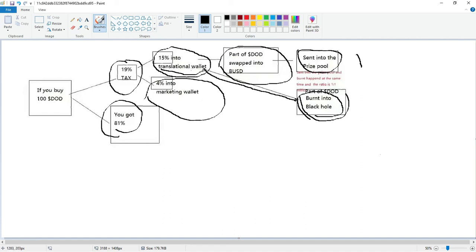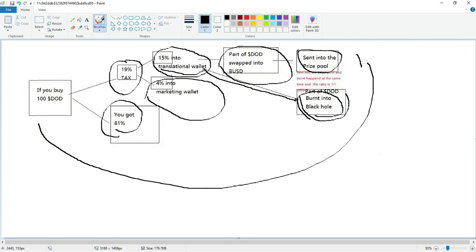And part of the DODs that are in this transitional wallet are swapped into BUSD and then later on sent into the price pool fund. And part of the DODs that are in the transitional wallet are burnt into the black hole, like I explained. So this process happens for every transaction, whether you are buying or selling DOD.